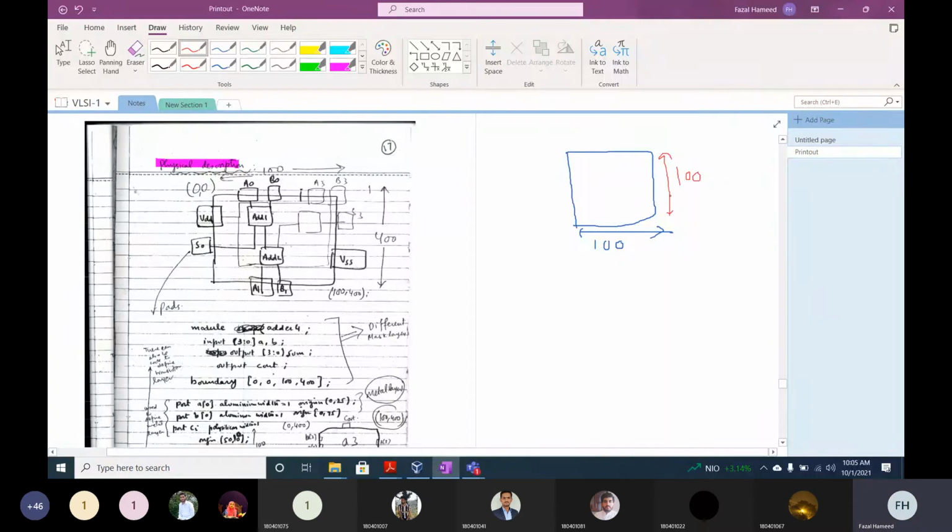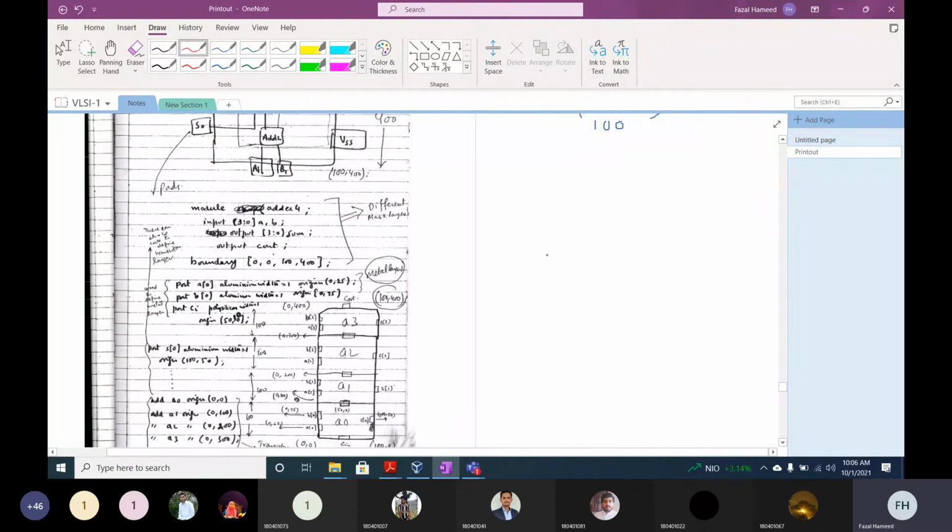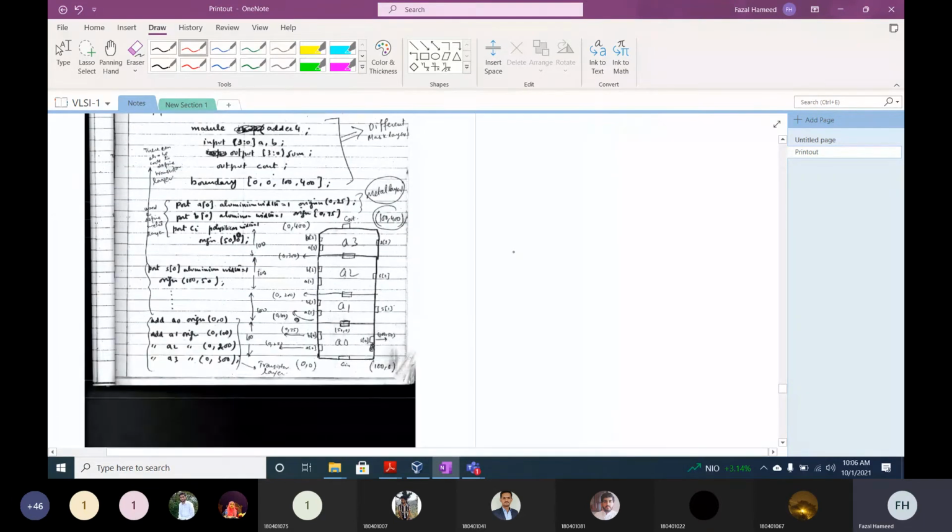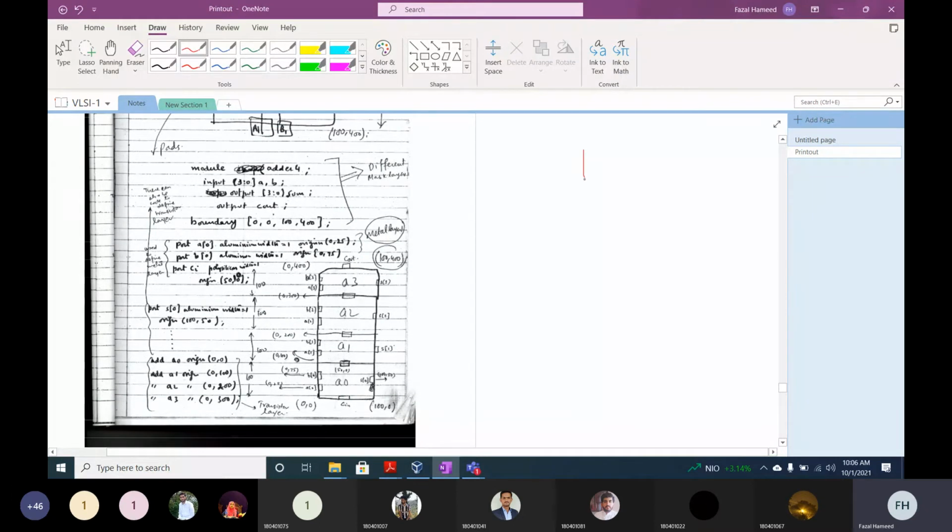Okay. Now if you place it on the chip, we can decide the chip boundary. So let's assume we place 4 adders.